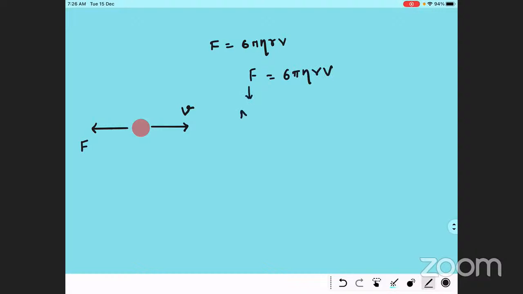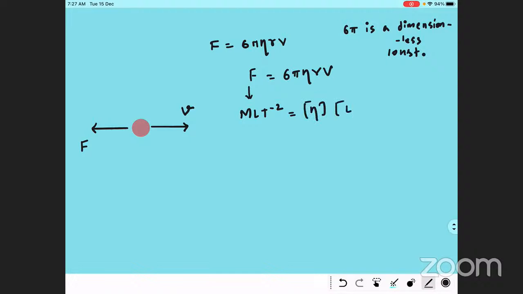So the dimensional formula of force we already know, M L T minus 2, and 6 pi is a dimensionless constant. So forget about 6 pi, you can ignore it. For eta, we don't have the dimensional formula.